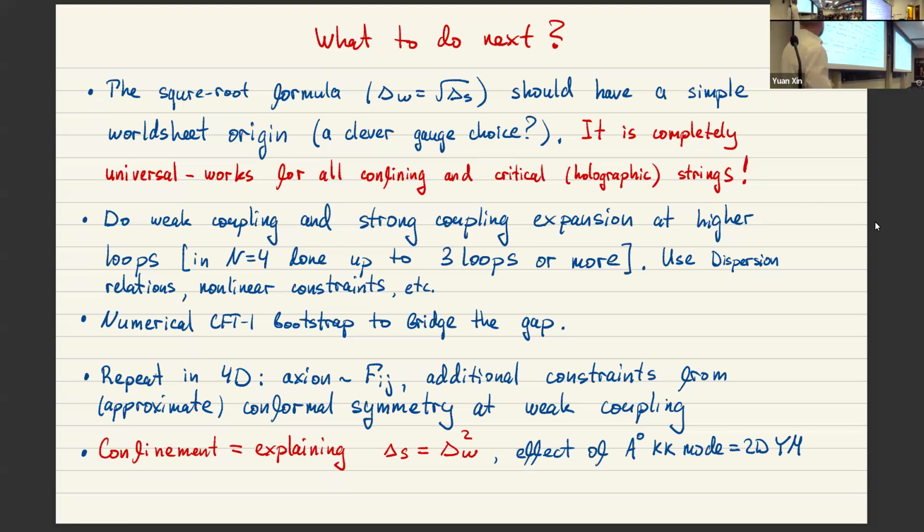I think that even for Sergey and Gabriel's p-adic strings, that formula should work. So it's really universal. So there should be some simple explanation, but it is not known. For flat strings, you can go to light-cone gauge and derive a formula like this, so I think the formula should be derivable. Now, after we understand this formula, we can push both the weak and strong coupling expansions to higher loops.